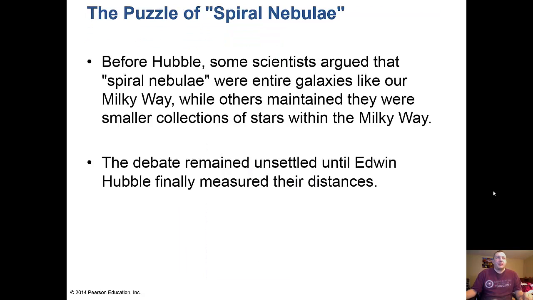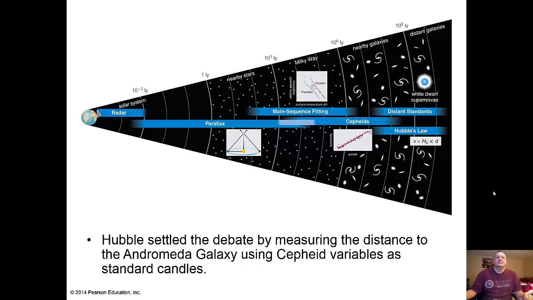So before Hubble came along, some scientists argued that spiral nebulae, Greek for cloud, were entire galaxies like our Milky Way, while others maintained that they were smaller collections of stars within the Milky Way. The debate remained unsettled until Edwin Hubble finally measured their distances. Hubble settled the debate by measuring the distance to the Andromeda Galaxy using Cepheid variables as the standard candles.